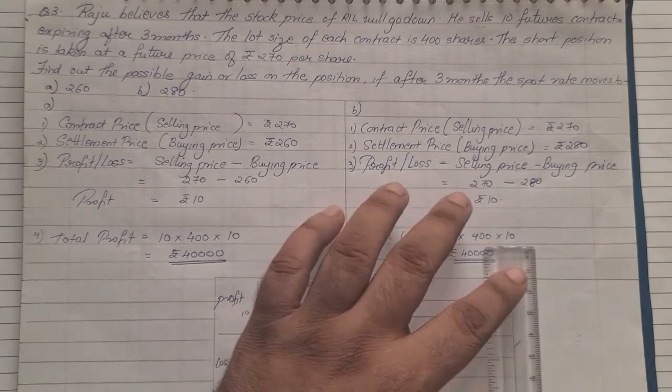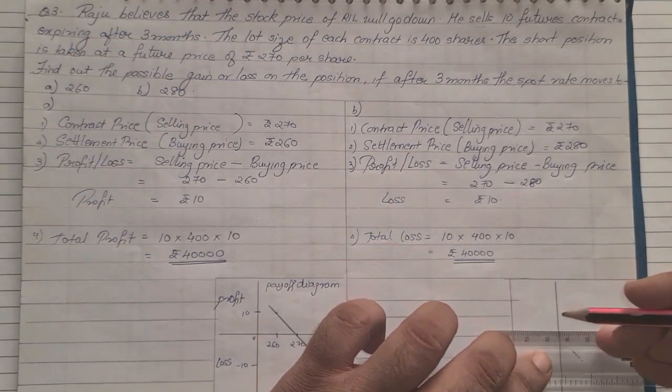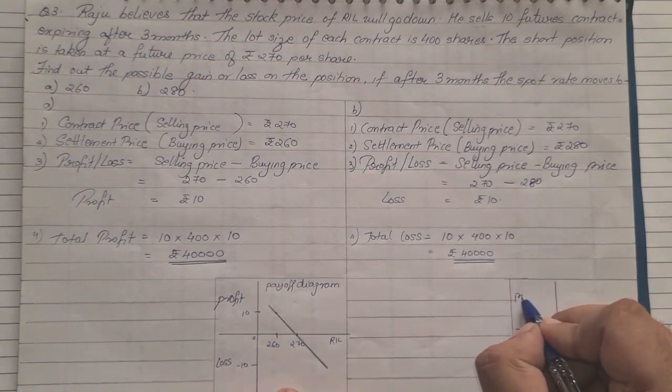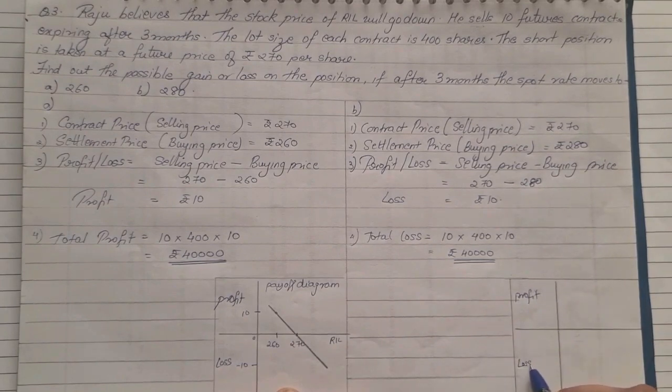Now chalo, last step, we will be making the payoff diagram. So here we have our x and y axis. The top part is our profit, the bottom will be our loss. Now here we are making a loss of 10, okay, so profit of 10 and loss of 10.